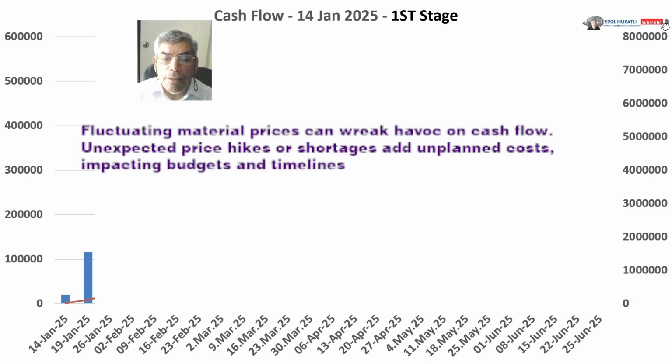Other issues are fluctuating material prices, which can wreak havoc on cash flow. Unexpected price hikes or shortages add unplanned costs, impacting budgets and timelines.